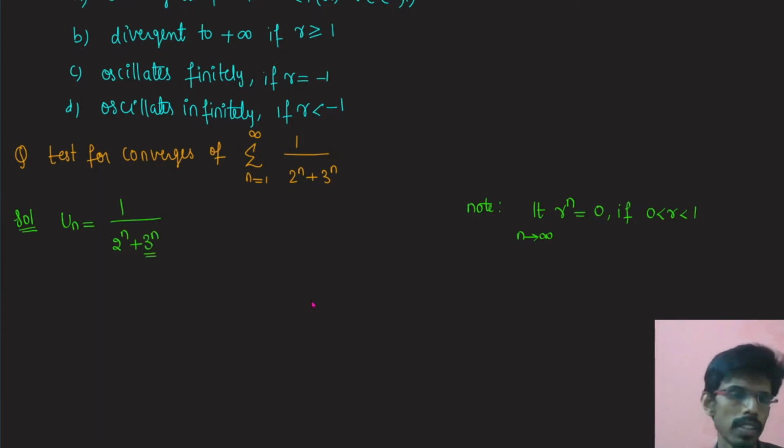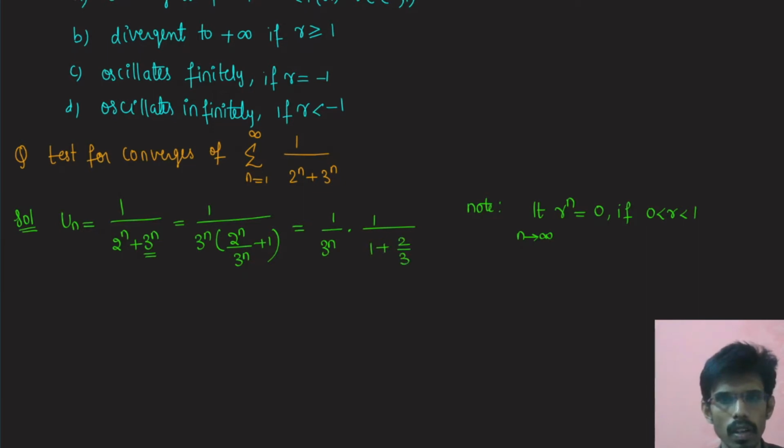Now take 3 power of n common. We have 1 by 3 power of n into 2 power of n upon 3 power of n plus 1. Now this can be written as 1 by 3 power of n into 1 by 1 plus 2 by 3 whole power of n.